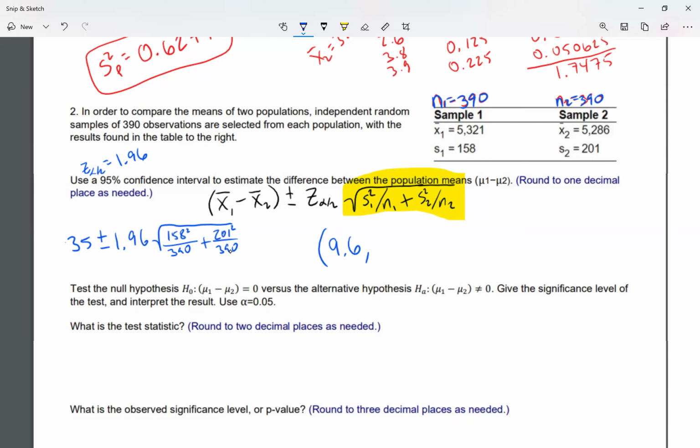My answer, let me round it to 1 decimal place, and I'm gonna get 60.4. So I am 95% confident that the difference of the means is in between 9.6 and 60.4.